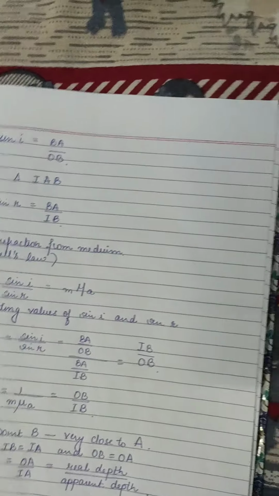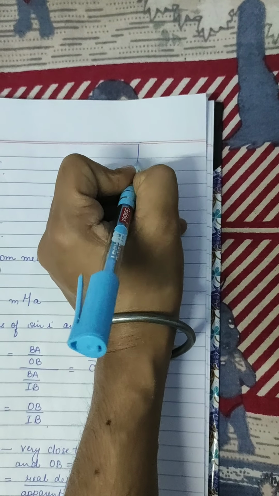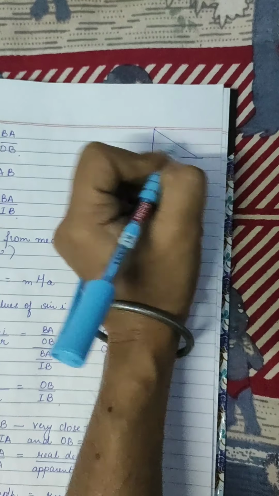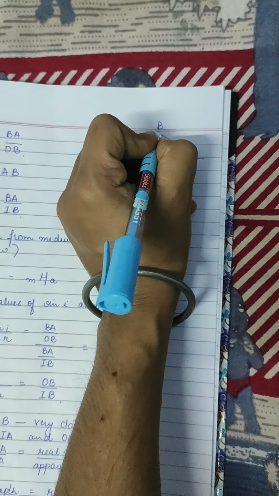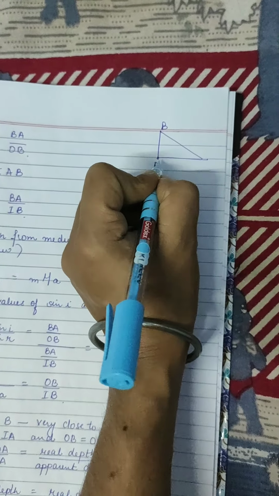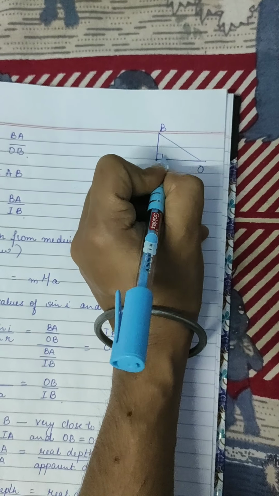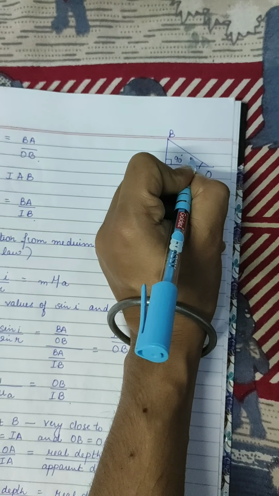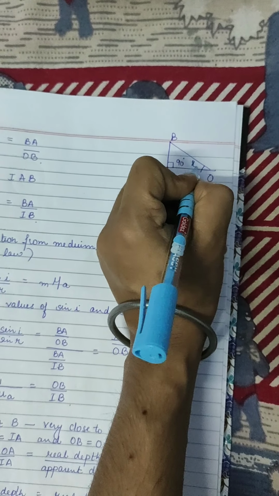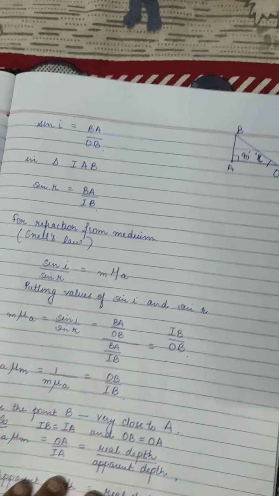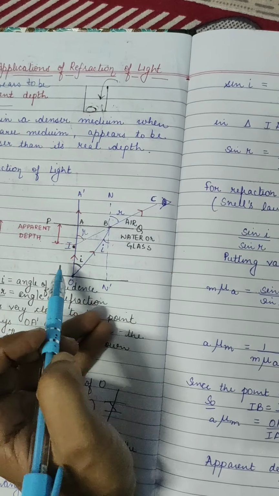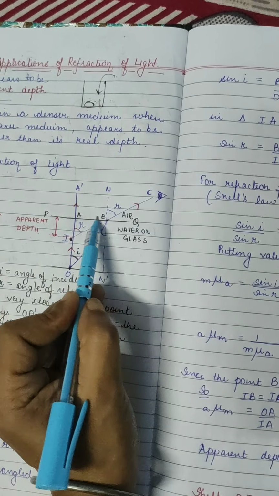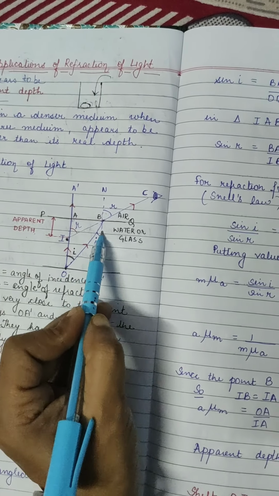BAO. So I am drawing here for you what we are having here. We are having BAO. At A we are having a 90-degree angle. O is our angle I. So what is sin I equal to?